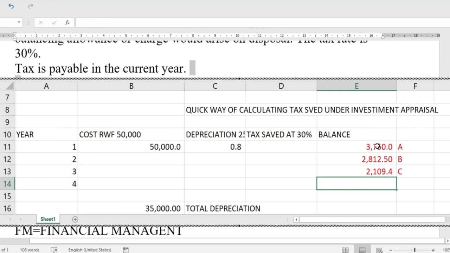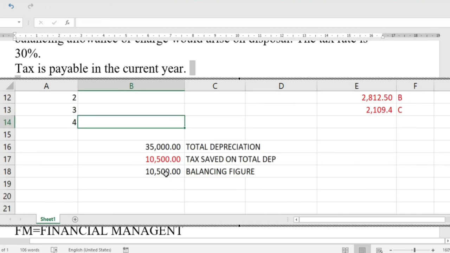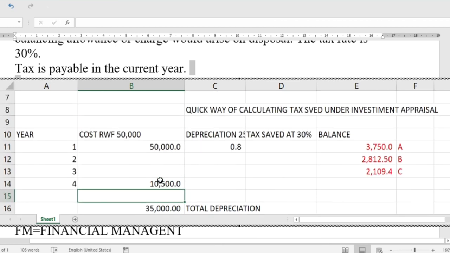What about the last year? For the last year, we only need this amount. We have our balance here. We take this amount minus the total of these amounts.